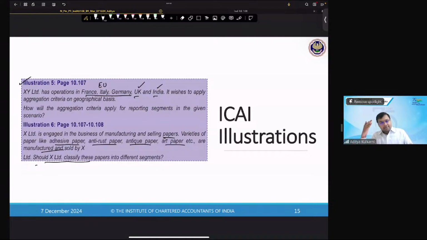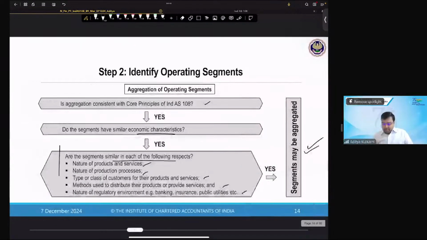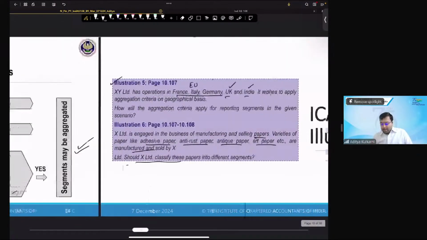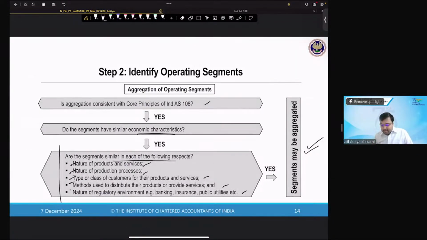For whatever reasons, I'm not even sure if the examiner knows. Examiner wants to test you not on your knowledge of the manufacturing process. Examiner wants to test you on these criteria. That is why the question is framed. So as long as he sees these things mentioned somewhere in your answer, he will give you marks.